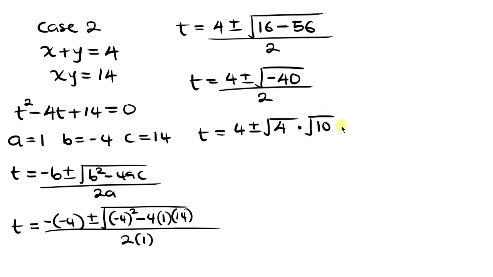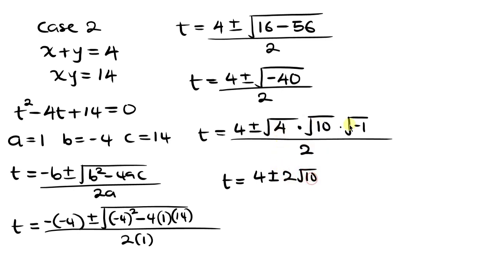Then since I have a negative, I'm still going to multiply by the square root of -1, all over 2. So t now becomes 4 plus or minus the square root of 4 is 2 root 10. Then the square root of -1 is iota, which is i, so times i all over 2. So this is a complex solution.